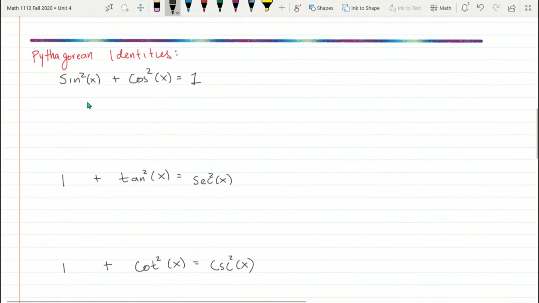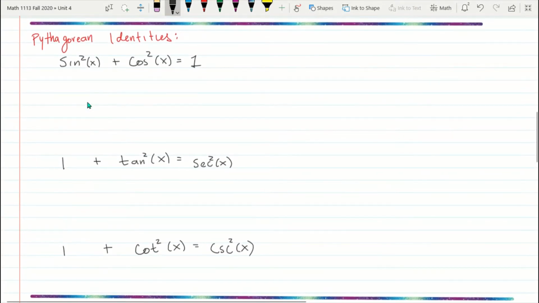The following identities that we have here are already defined, but what I want to talk about is perhaps trying to rewrite them in a different way. So sine square plus cosine square is equal to 1. It's our main definition in terms of Pythagorean identities. You can also rewrite it in different forms.